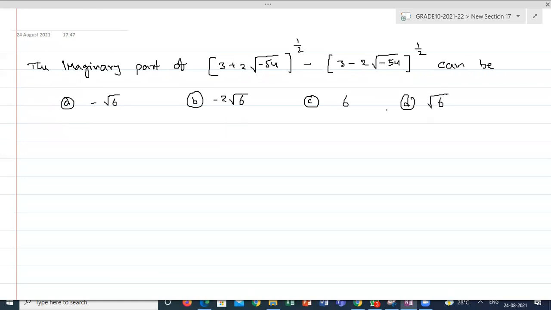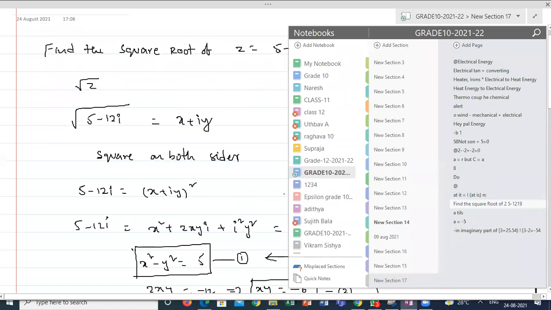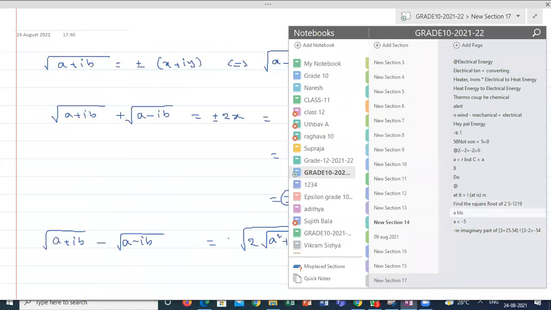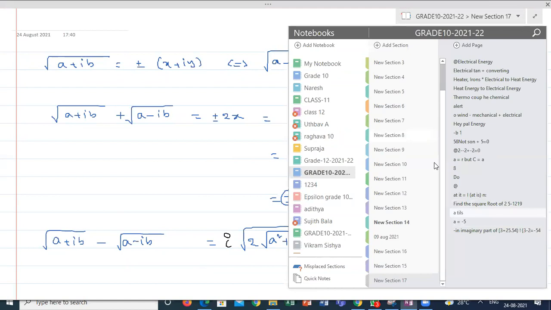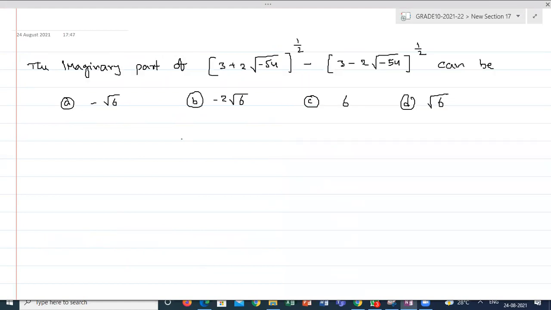How to do this question? Sir, is it root 6? Yeah, here we have to go here. This is the imaginary part. What is the answer you are getting? No, sir, I'm not sure. One minute. This is your a, this is your b.